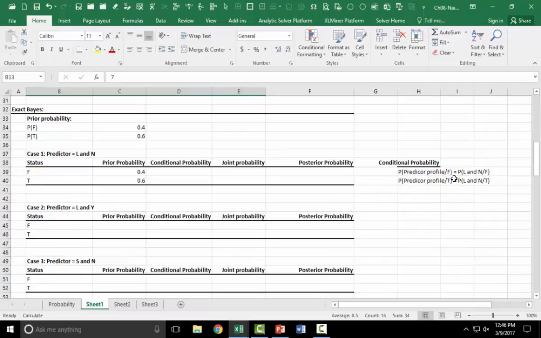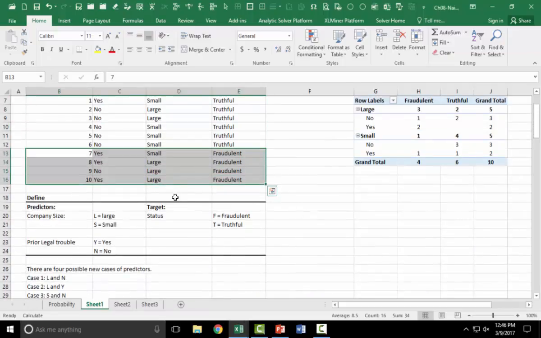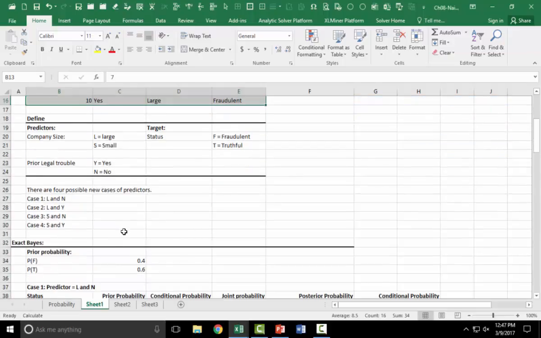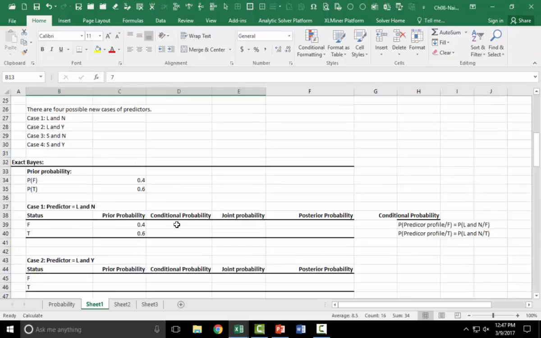The predicted profile is L and N. So L and N, how many are there? Out of 4, just 1, right? So you can type in 0.25 here.